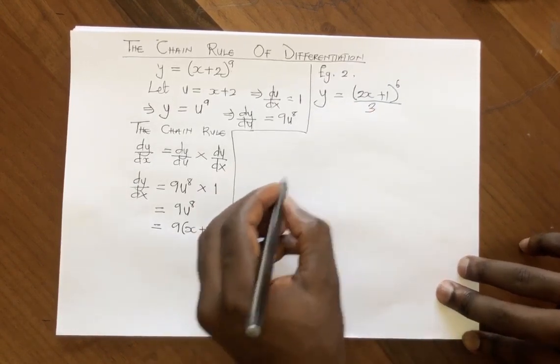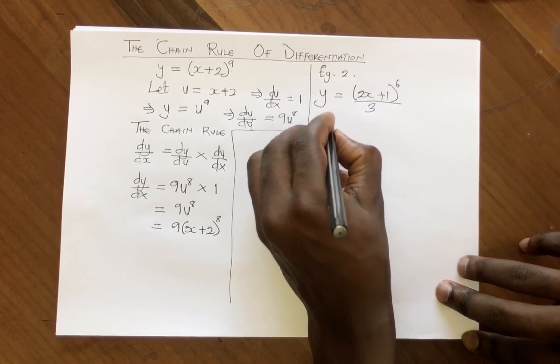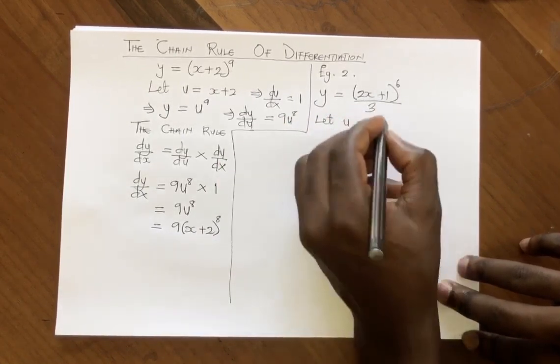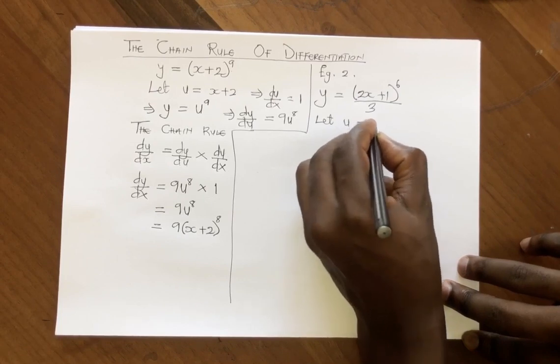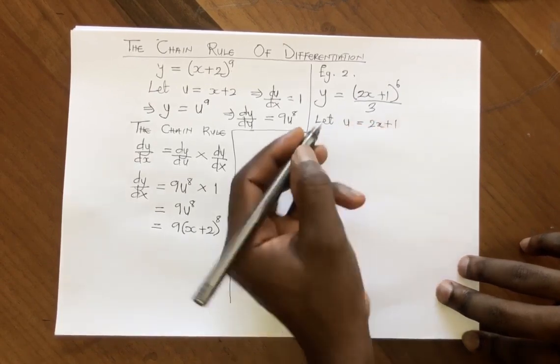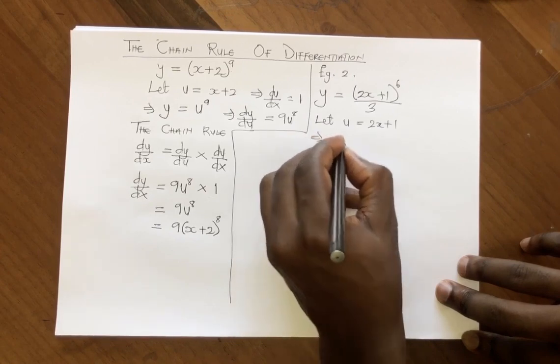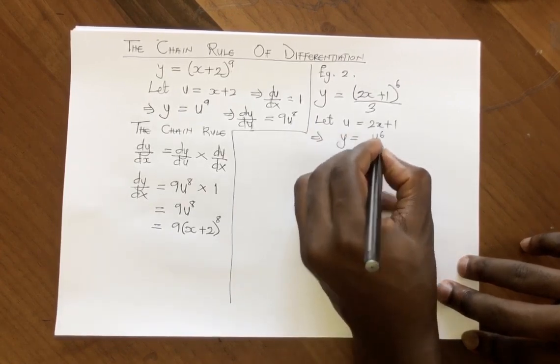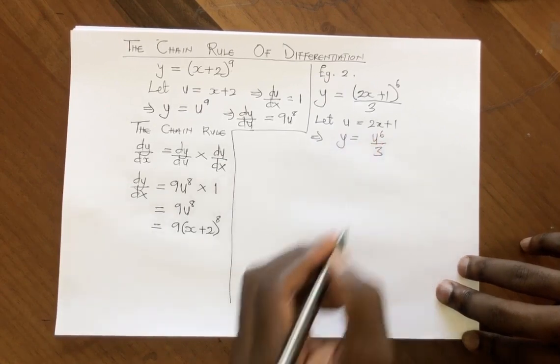So let u be equal to the inner bracket, which is 2x + 1. This means that your y is now u raised to the power 6 over 3.